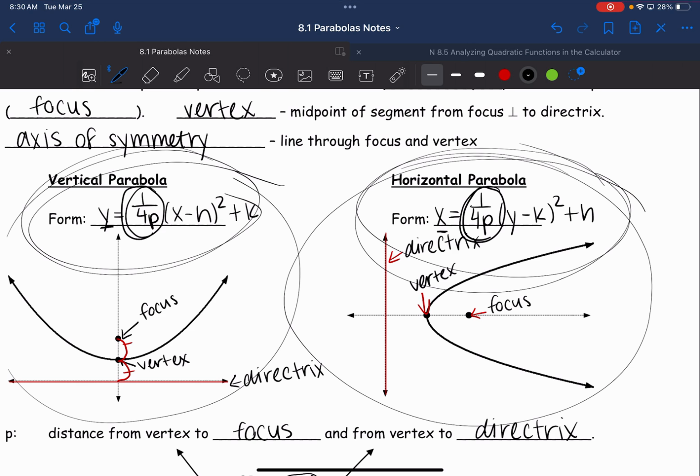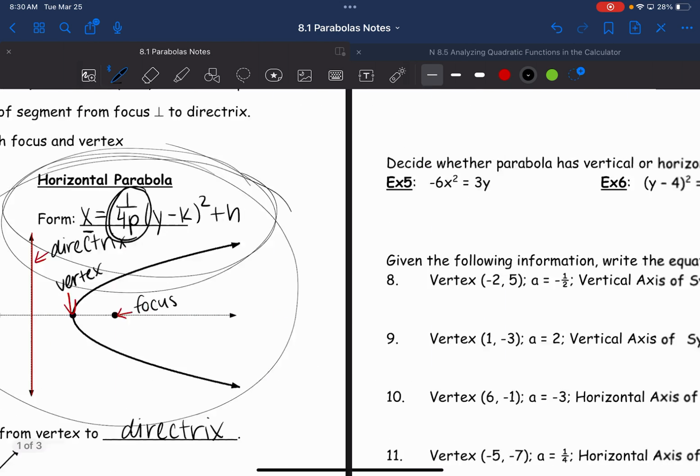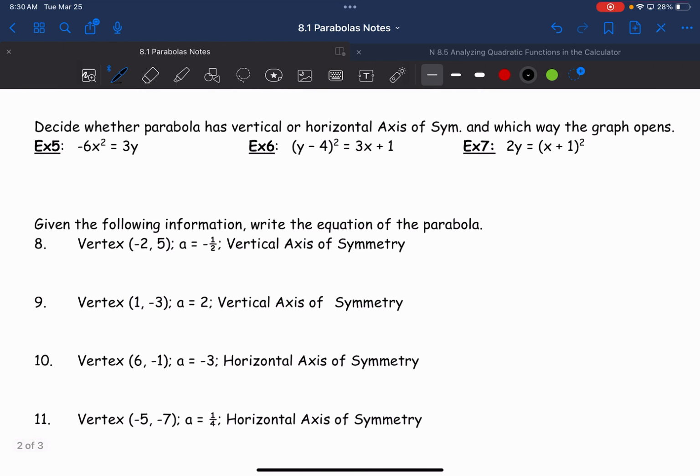Vertical is when we solved for y. So on example number 5, would I be solving for x or y? Y, so that means this one would be vertical, right? Okay, on example 6, would we solve for x or y? X, so this one would be horizontal.